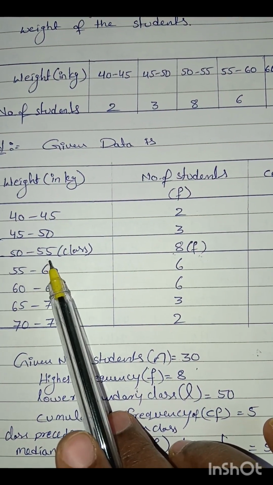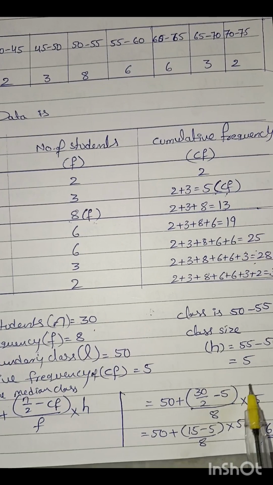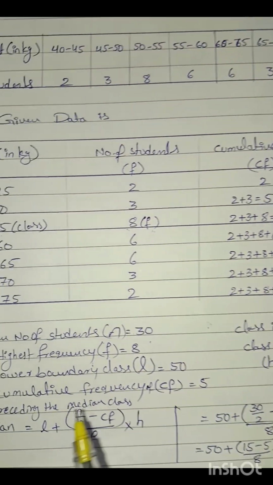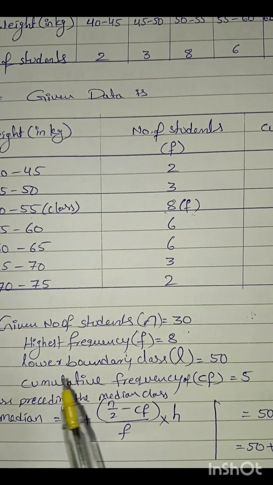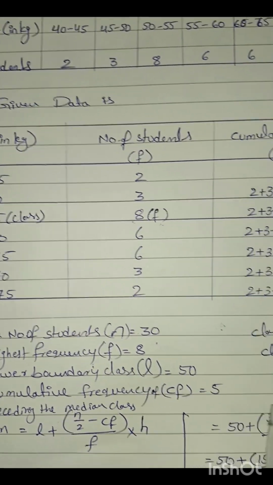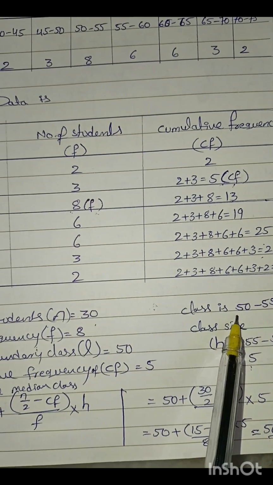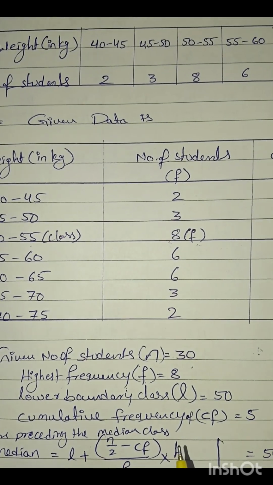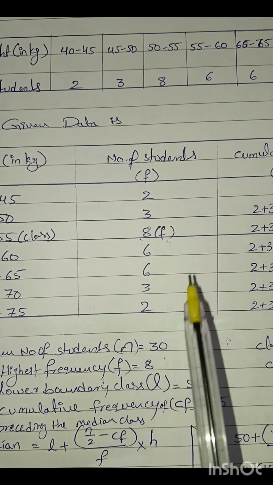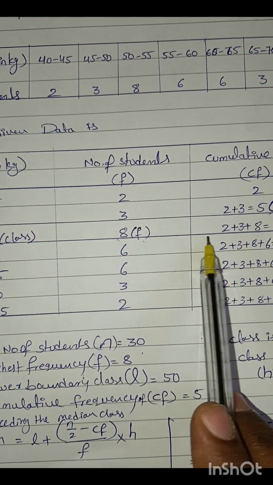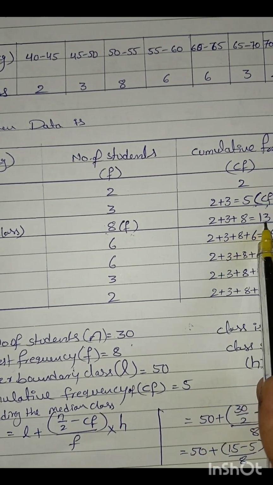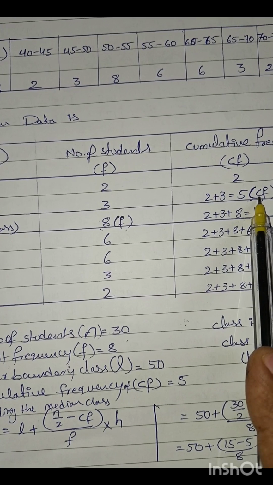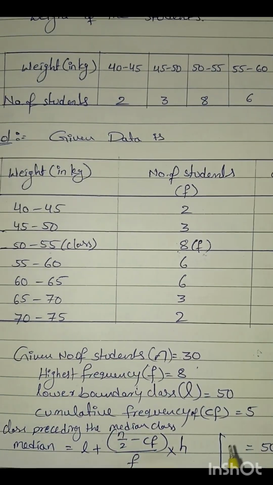So class size is 55 minus 50, that is equal to H. Next, lower boundary L equal to 50, and cumulative frequency of the class preceding the median class, CF, is 5.